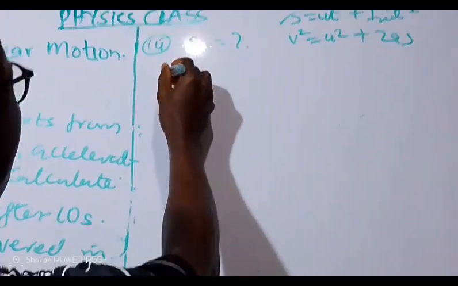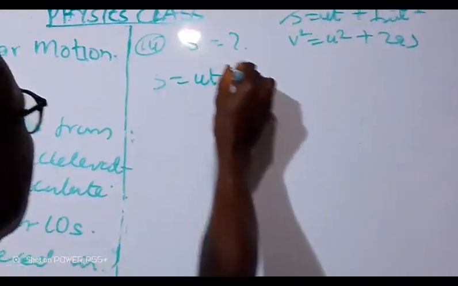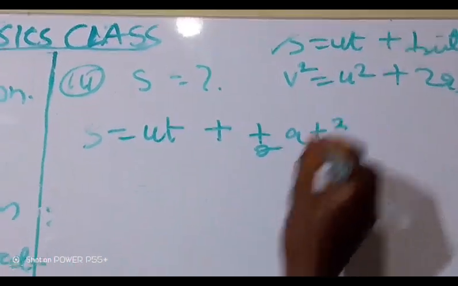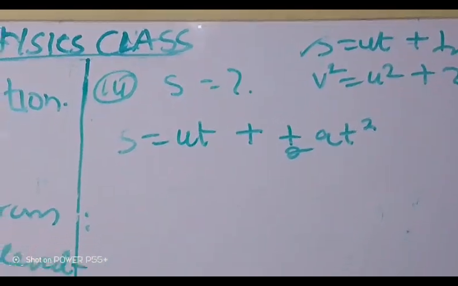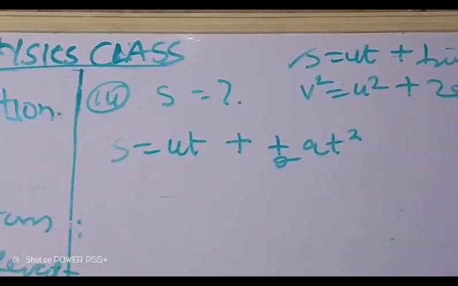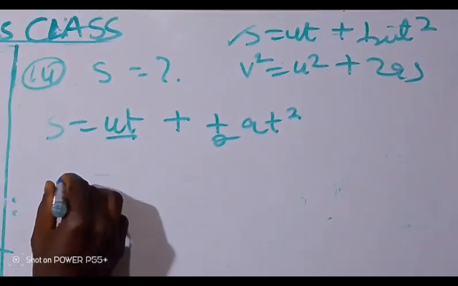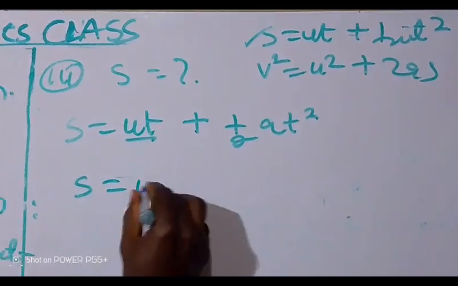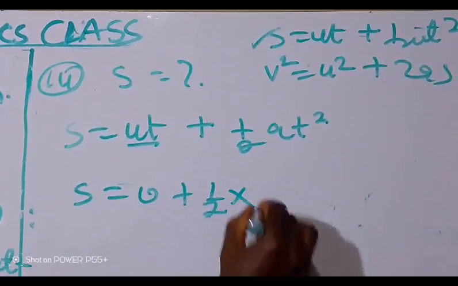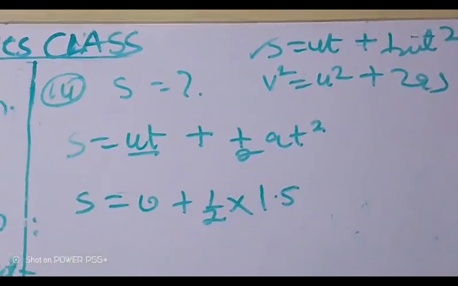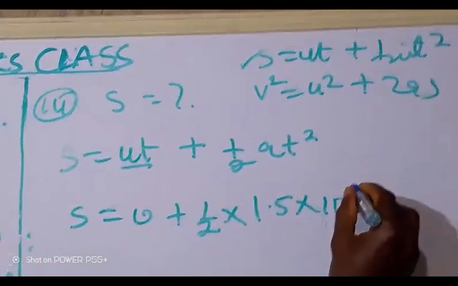By using equation 2, S is equal to UT plus half AT squared. What do we need here? 10 seconds is given. U is 0. So this term will be 0. That's S is equal to 0 plus half multiplied by 1.5 as acceleration multiplied by 10 squared.